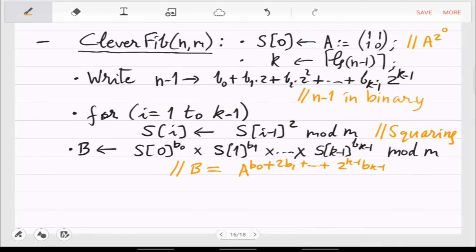So this is nothing but a to the n minus 1 mod m. So this b that we have calculated by taking a product of essentially array elements, which are matrices, is the answer that you want. So this answer you output. You just return b, that's the end.